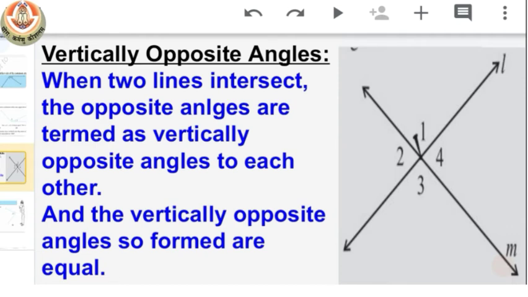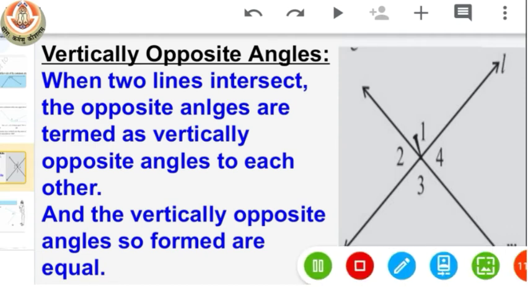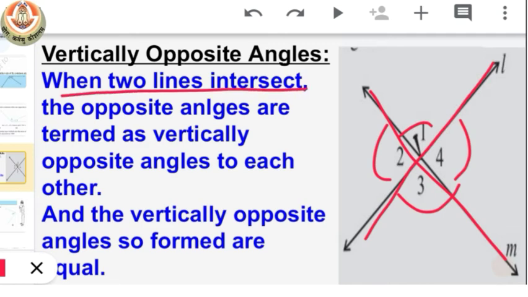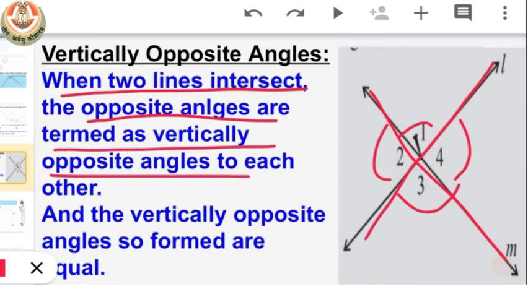Now the last topic is vertically opposite angles. You can see in this figure that when two lines intersect each other, we have four angles. Now read its definition. When two lines intersect, the opposite angles are termed vertically opposite angles to each other.